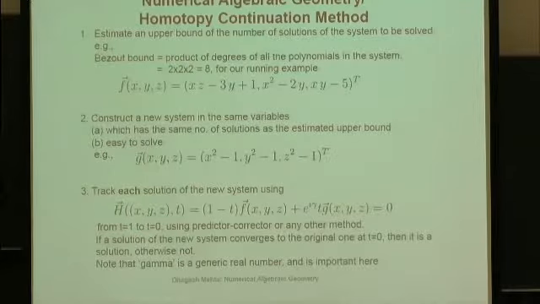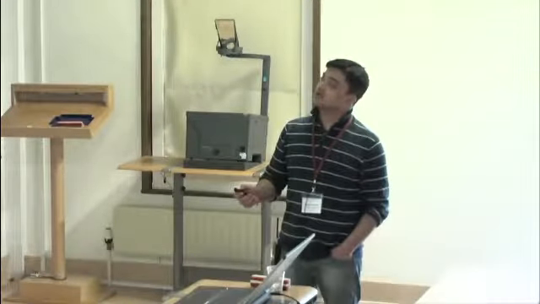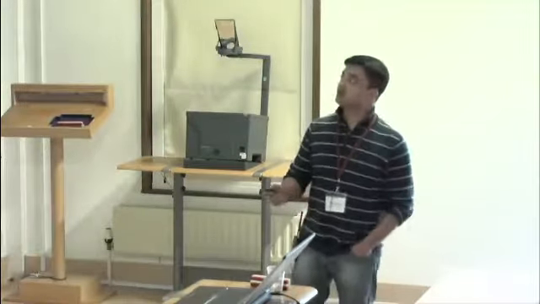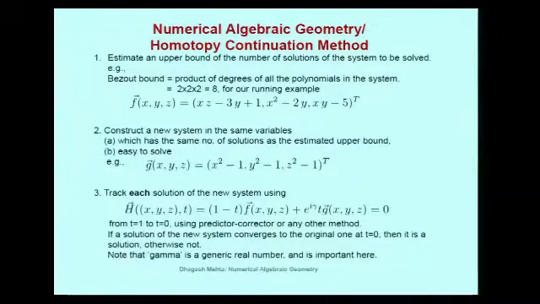Here, say you have a system of polynomial equations to be solved. What you do is you have a 3 step procedure. Firstly, you estimate an upper bound on the number of solutions. Okay, so the crudest upper bound on any system of polynomial equations is the so-called Bézout bound, which goes like this.